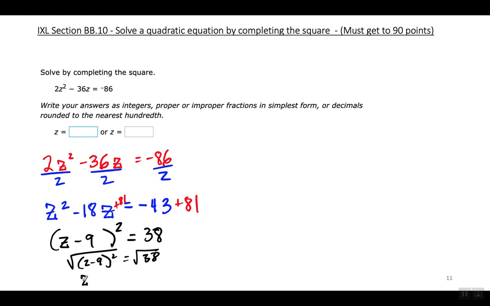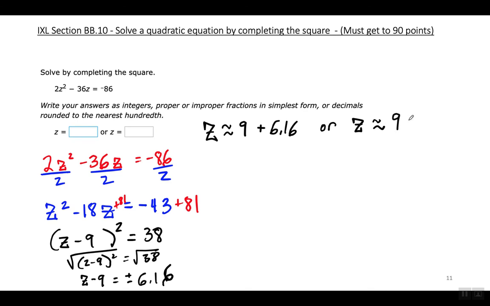So z minus 9 is going to equal positive and negative the square root of 38, which is 6.16. Alright, so that means I'm going to move the 9 to the right, making it positive. So z is approximately positive 9 plus 6.16, or z is approximately positive 9 minus 6.16.